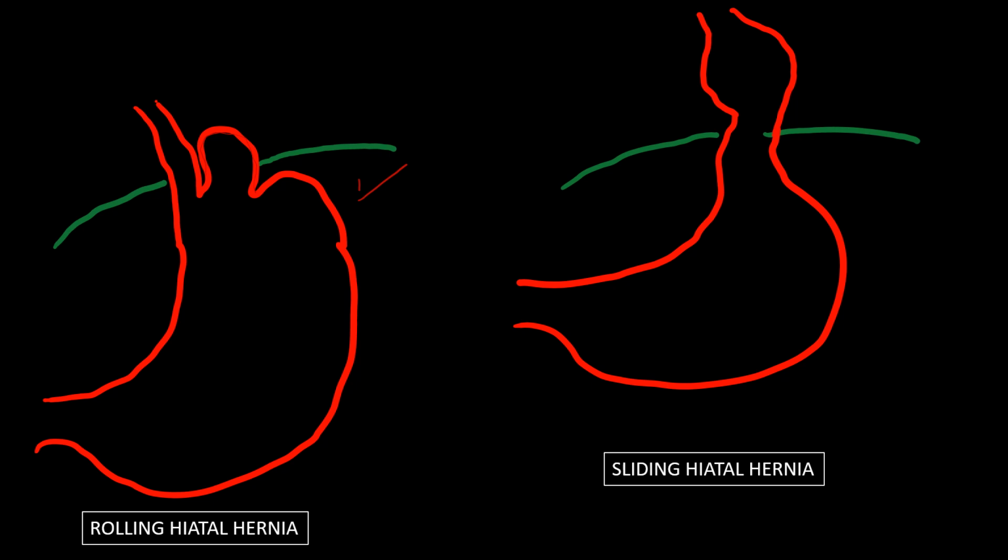This hernia is known as rolling hiatal hernia. Instead of the fundus of the stomach entering, the gastroesophageal junction is pulled upward towards the thoracic cavity. This is known as sliding hiatal hernia. Sliding hiatal hernia is more common than the rolling hiatal hernia.